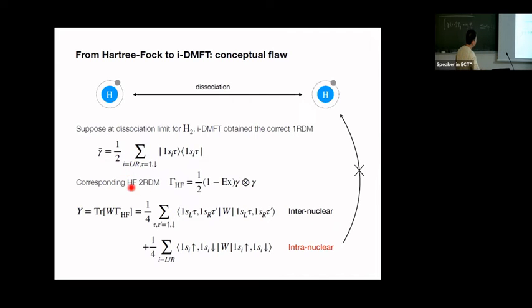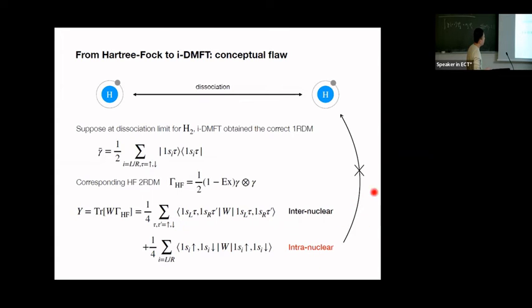And what happens when we plug this into the Hartree-Fock functional? So the Hartree-Fock 2-RDM is simply the tensor product between gamma and gamma, but you apply this exchange operation. And as you plug into the Hartree-Fock functional, you obtain terms that represent interaction effects between nuclei, and you get an additional term that represents interaction within each nucleus.